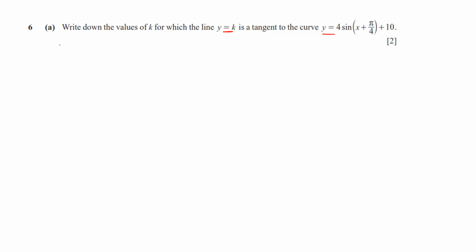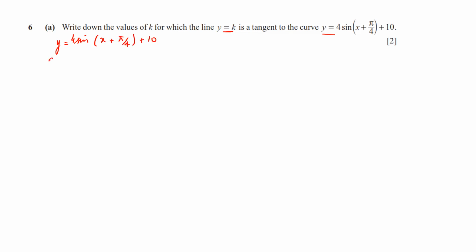So for any curve, if we are given a curve, we have to first of all find out the derivative of that curve. And the derivative of any curve is a tangent to that curve. So first of all, we have y is equal to 4 sine of (x plus 5 by 4) plus 10.